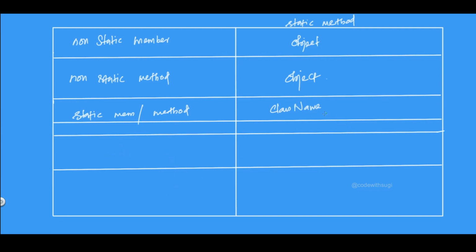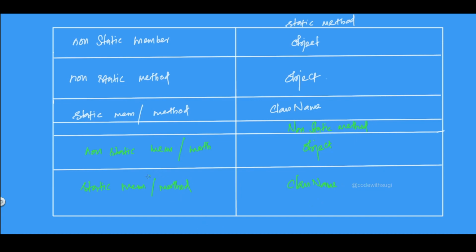Here I'm going to say non-static method. So again, if it is non-static member or method, then obviously inside of non-static you have to create object and you have to access it. If it is a static member or a method, then you can access it using class name.